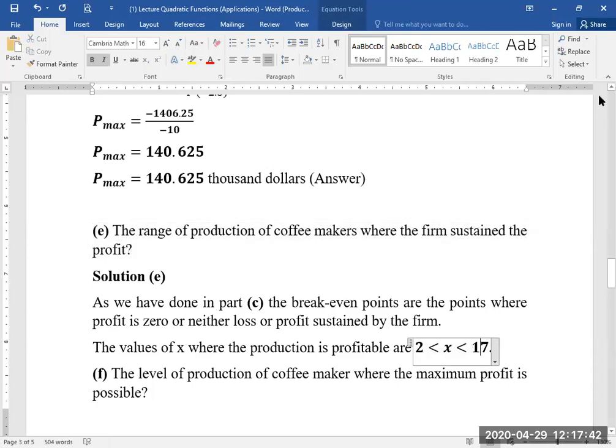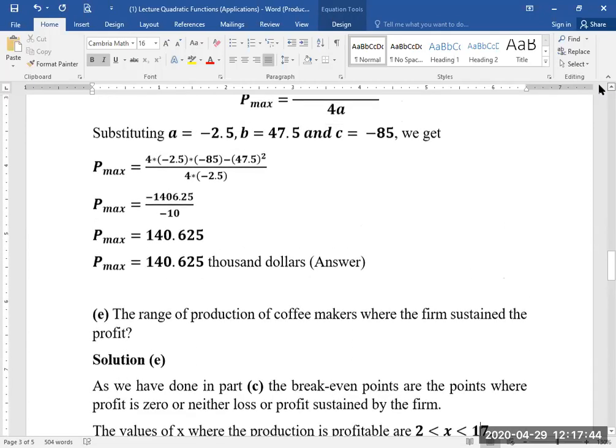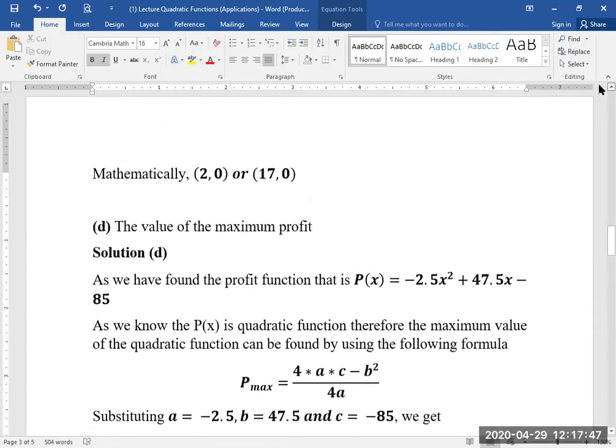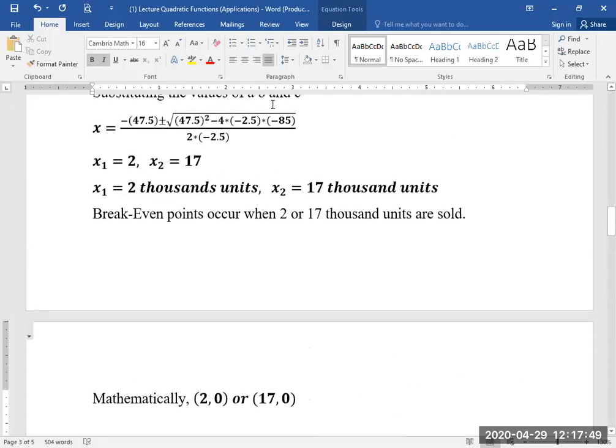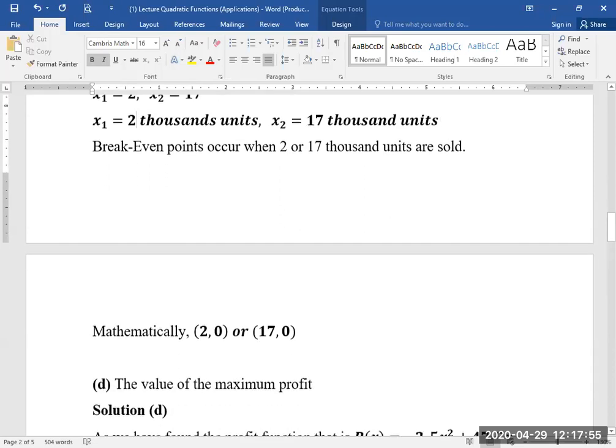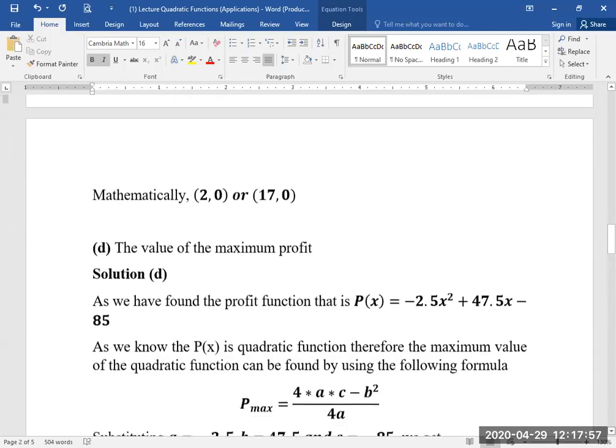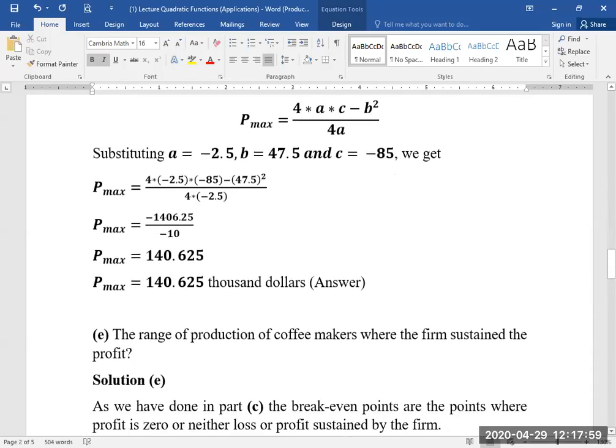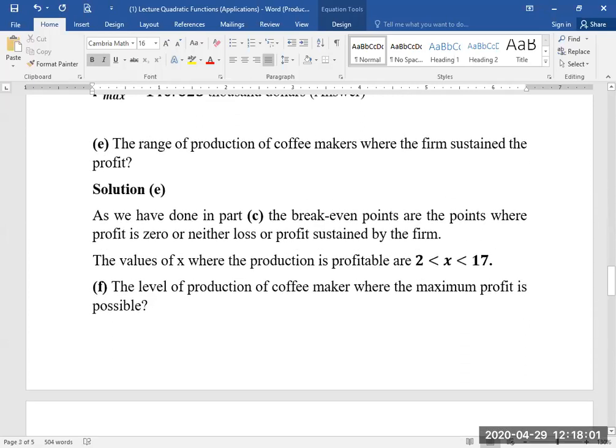As we have done earlier, students, we have two break-even points, which were 2 and 17,000. So this means that a production level greater than 2 and lesser than 17 will sustain the profit. So these are the ranges: greater than 2 but less than 17,000 units of the coffee maker.